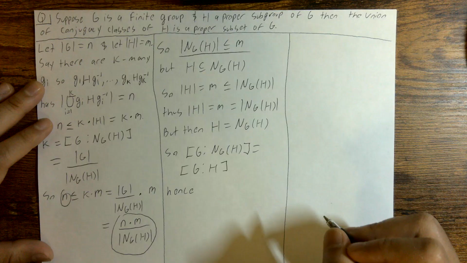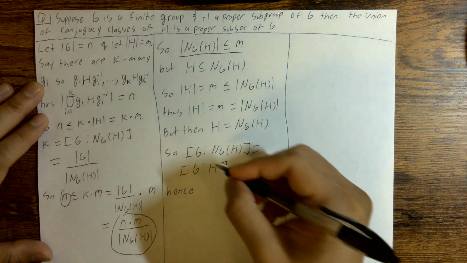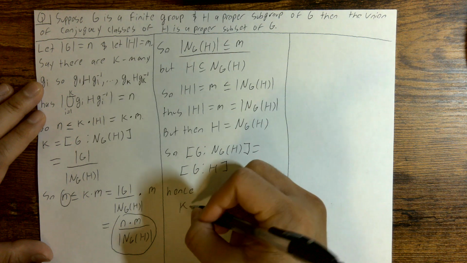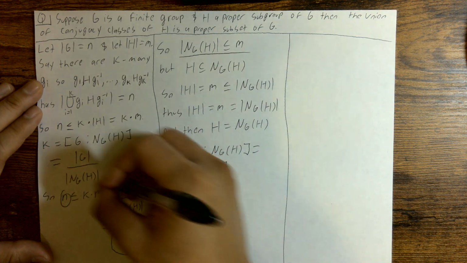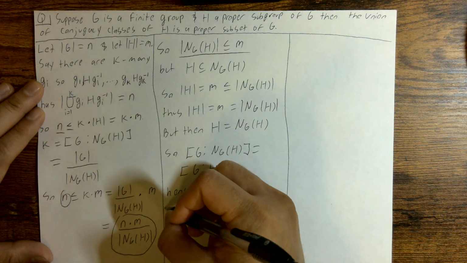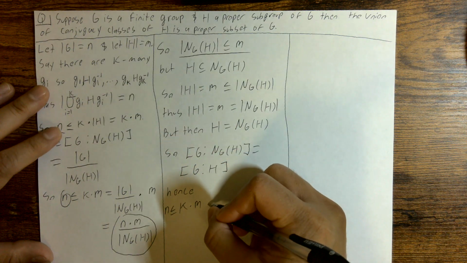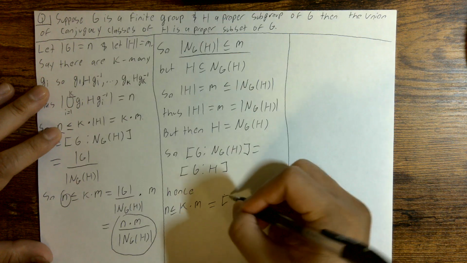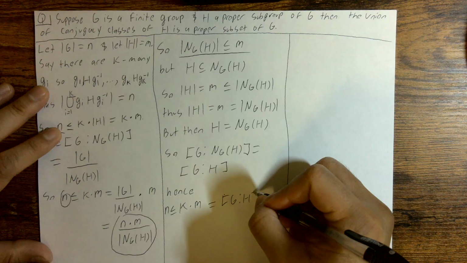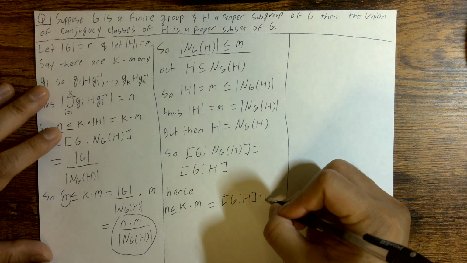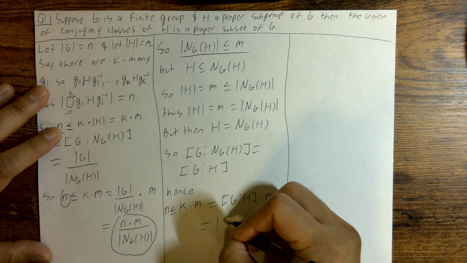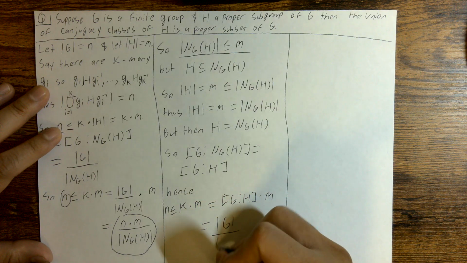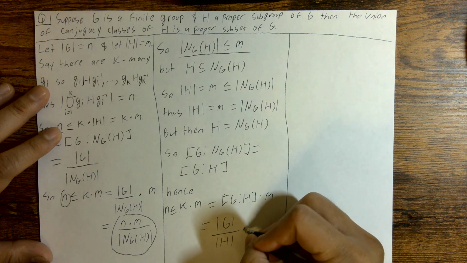Hence, k times m, which was greater than or equal to n, is equal to the index of H in G times m, which is equal to the size of G over the size of H, times m.